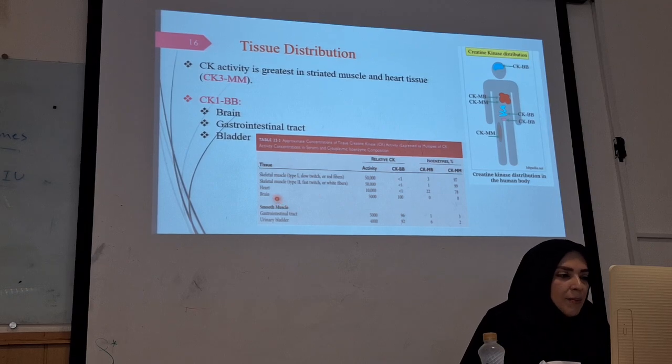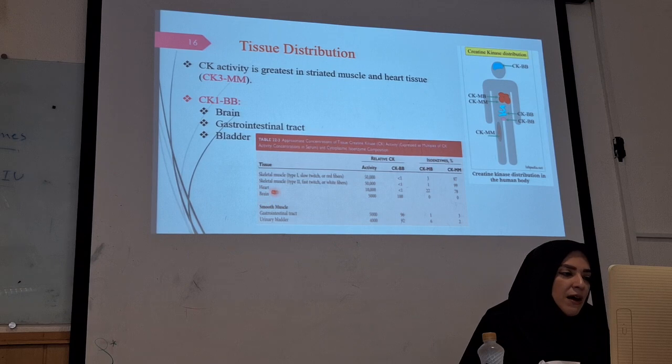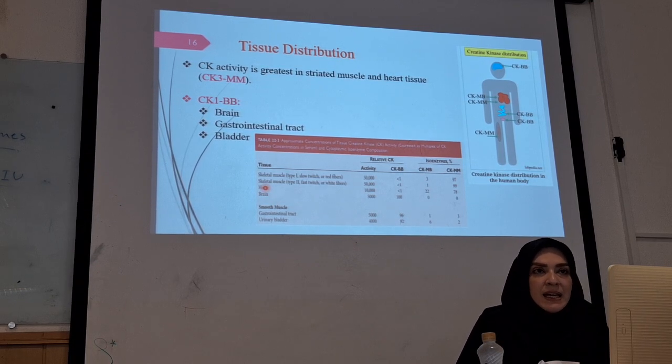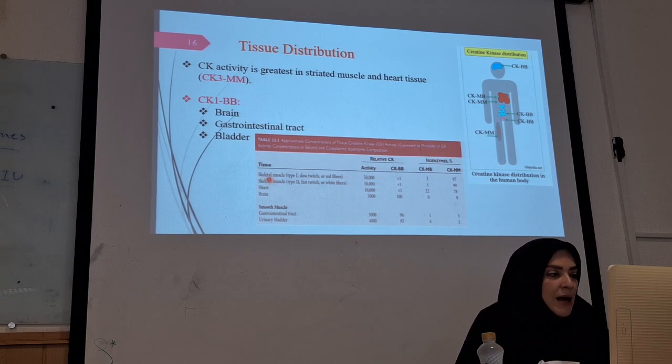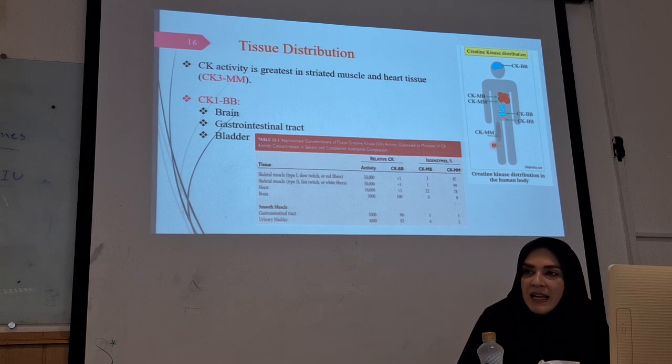show. For example, we have skeletal muscles, we have a heart and also brain. For example, MB is most frequently in a heart muscle. What about MM? As you can see here, MM can actually be found in, for example, muscles of the leg or muscles of the hand.